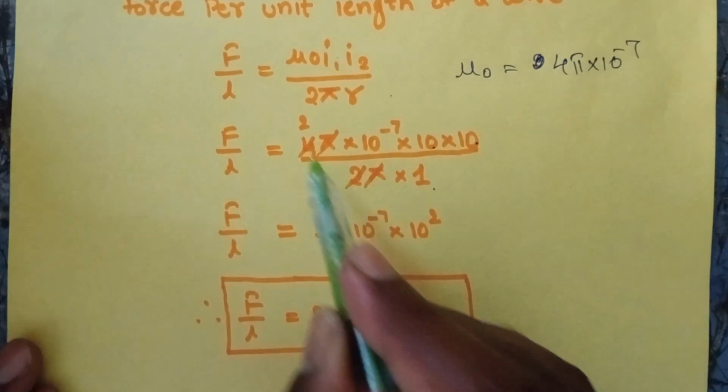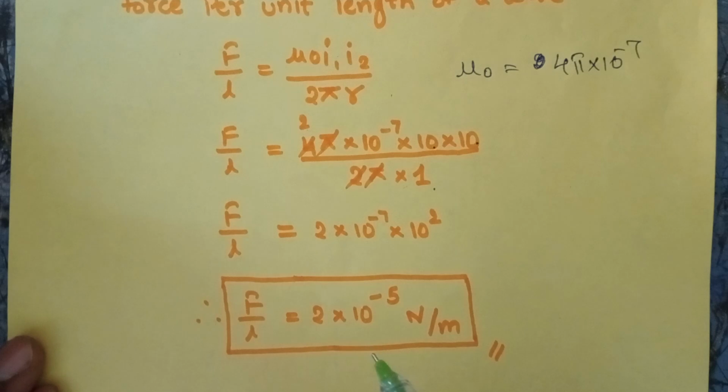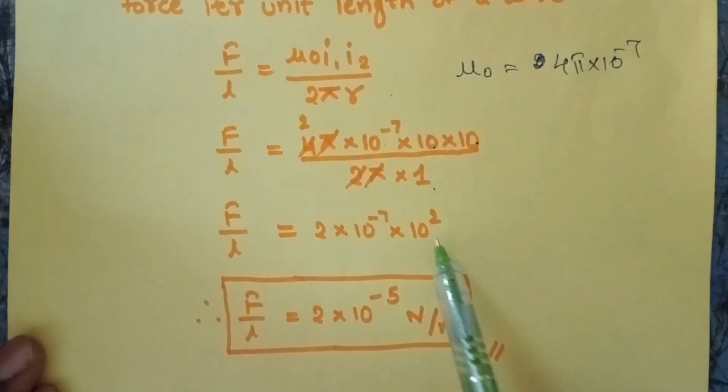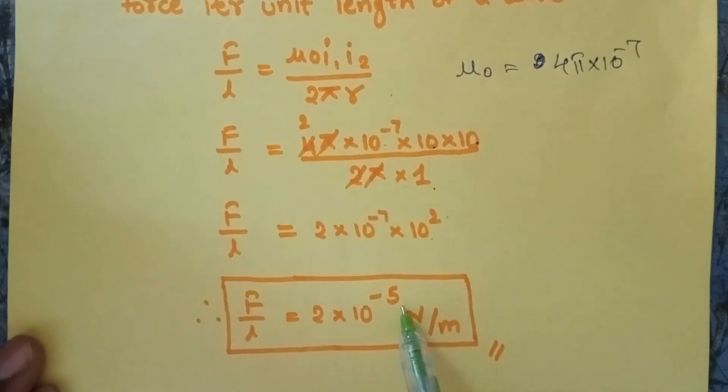Now 2 pi cancels with 2 pi, 4 by 2 is 2, into 10 to the power of minus 7. 10 into 10 is 10 square. Minus 7 plus 2, you will get minus 5. So finally force per unit length is 2 into 10 to the power of minus 5 Newton per meter.